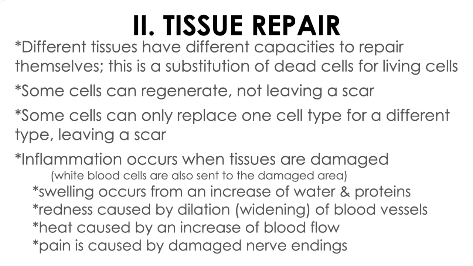Now, when an inflammation occurs and that tissue is damaged, white blood cells can, of course, come and protect that damaged area, being sent through the blood, but we have swelling. Swelling is because of increased water. So water is sent to that area, also proteins. We're going to have a redness, which is caused by dilation of the blood vessels.